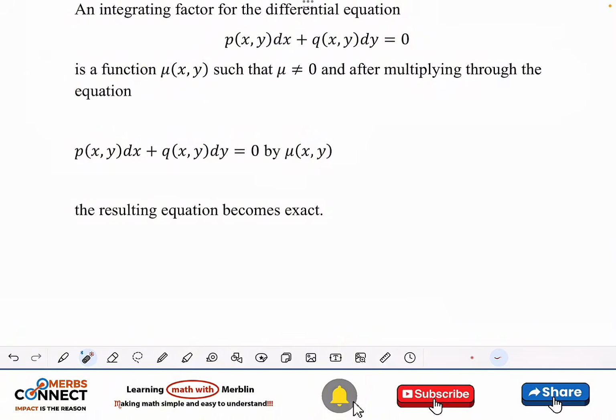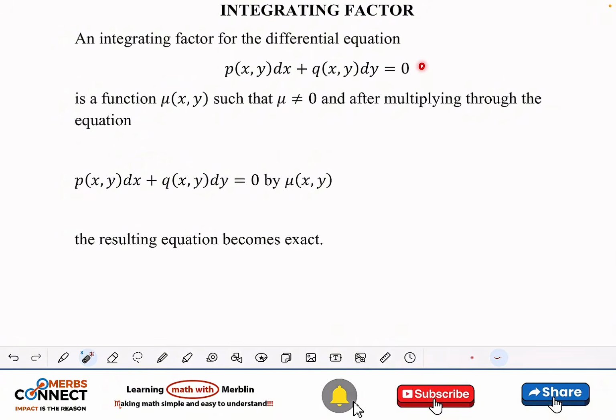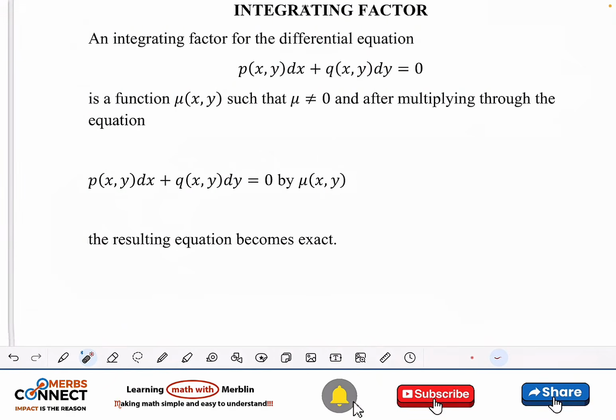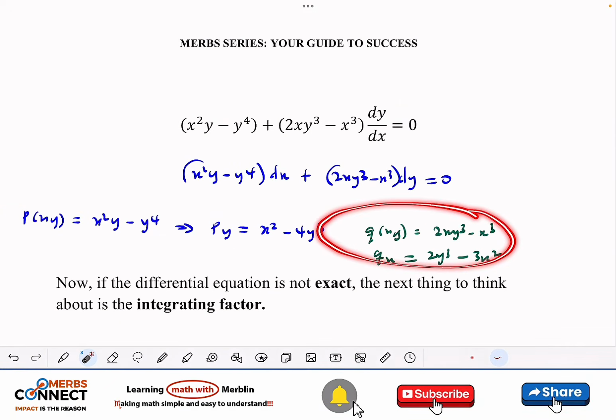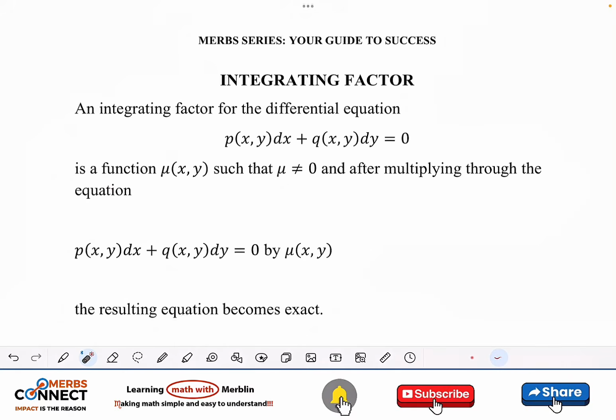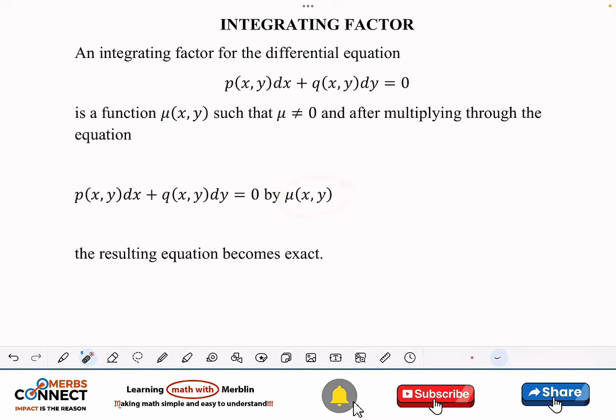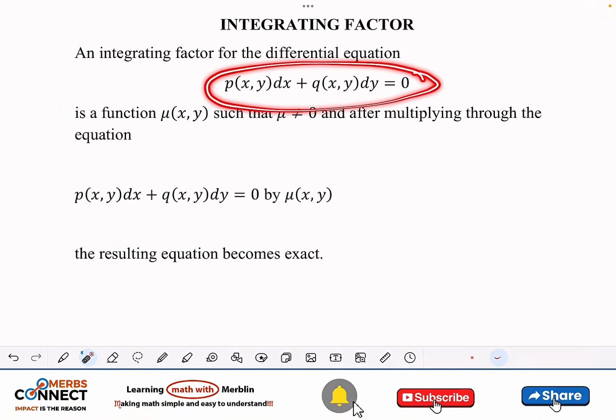What do I mean? Now we know that this is how we need to form the exact differential equation, but we saw that solving this one does not give us the exactness. So what do we need to do? We need to find an integrating factor. When I find the integrating factor, I'm going to multiply through this equation by it.